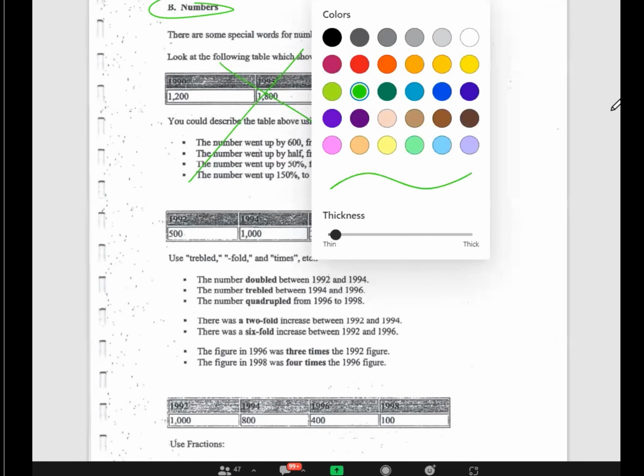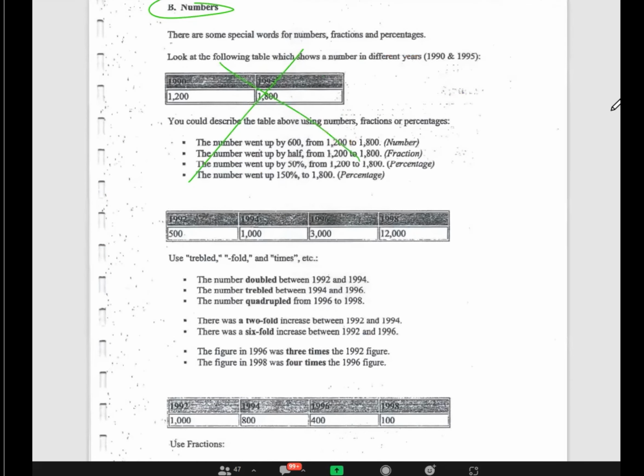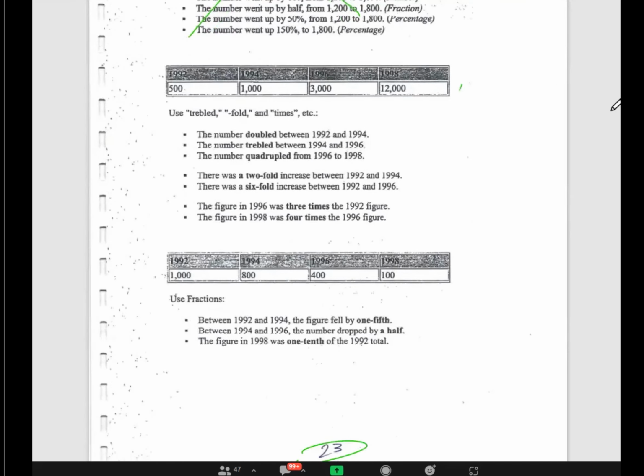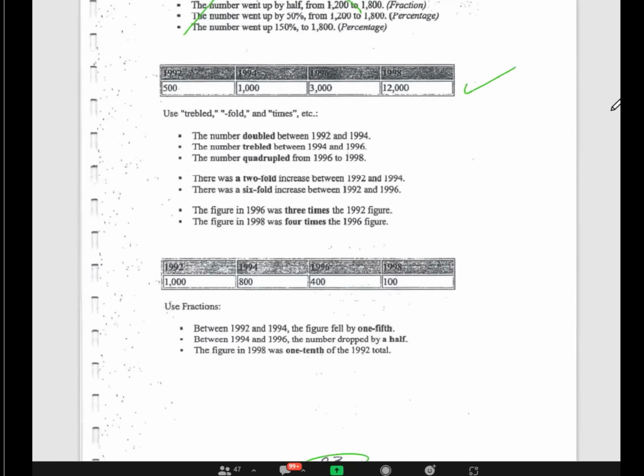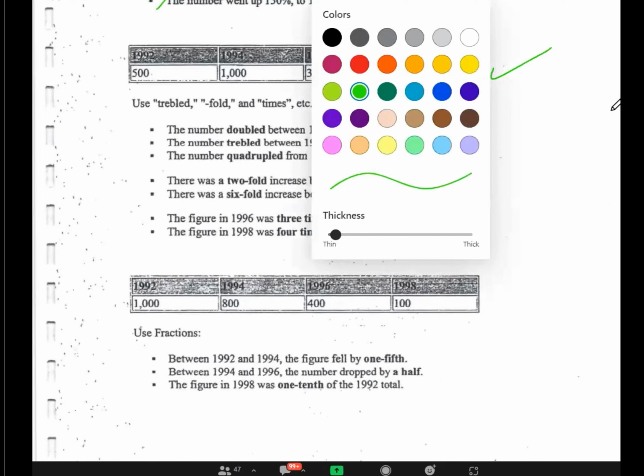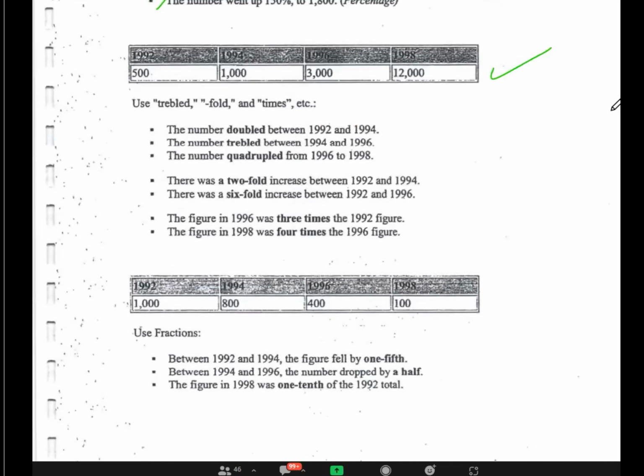That will confuse you, okay? This one here, you need to learn some words like triple, fold, times. So you can see that in the coming examples.